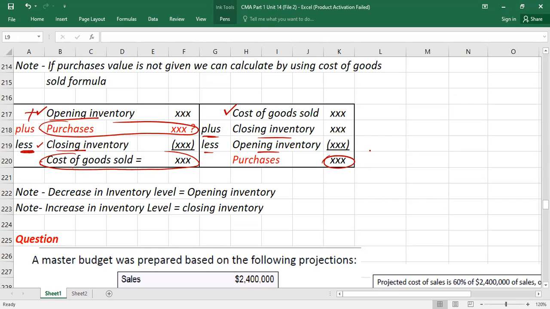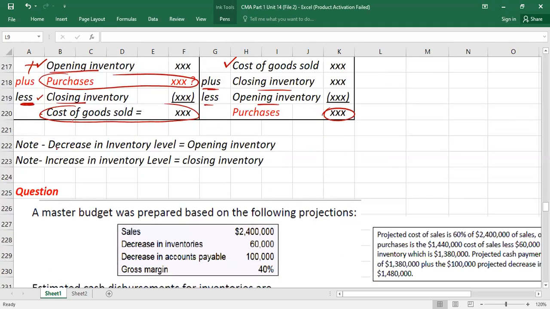Please also make sure, sometimes in your exam question, you will see this terminology: decrease in inventory level, not inventory amount. If he uses this word, we'll treat it as opening inventory, and if increase in inventory level is written, we will treat it as closing inventory. Understood?